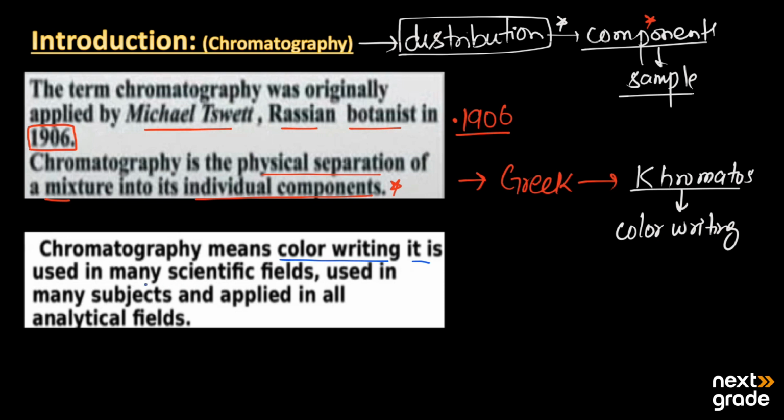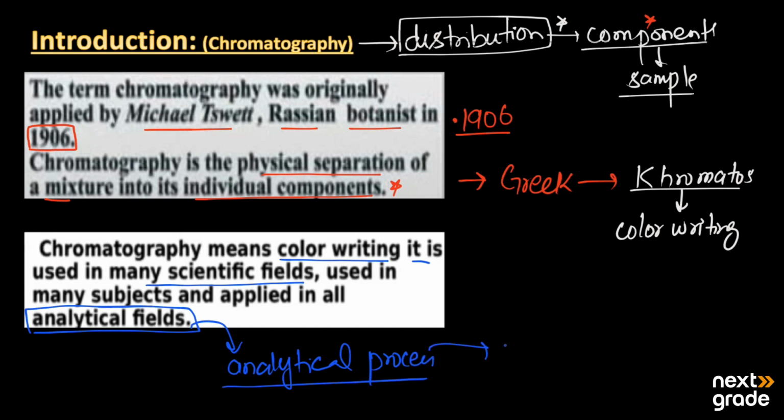It is used in many scientific fields, many subjects, and it is also applied to the analytical field. So we can call it an analytical process. It is also a separating process in which we do the separation of the components of the sample and they get distributed. So it happens on the process of the distribution law as well.